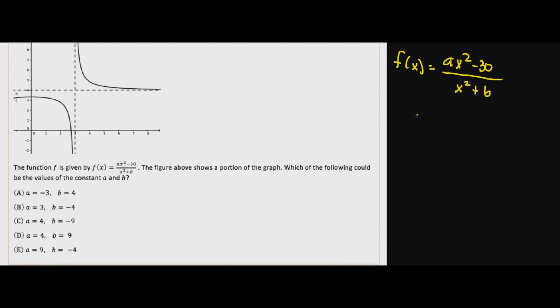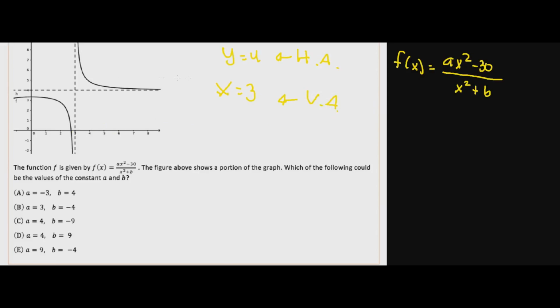And if you look over here, according to the graph, the horizontal asymptote is 4. So we know the horizontal asymptote is 4. And I know my vertical asymptote, which is right there. My vertical asymptote is x is equal to 3.